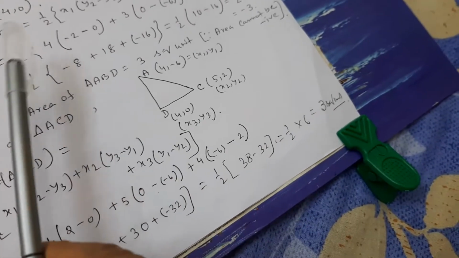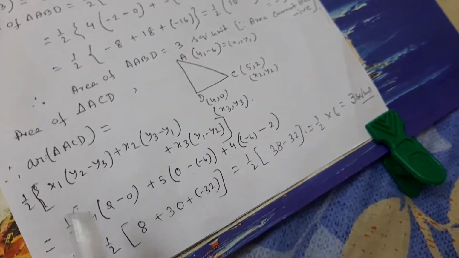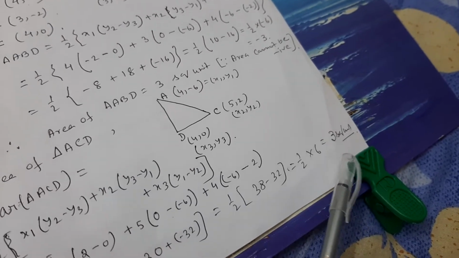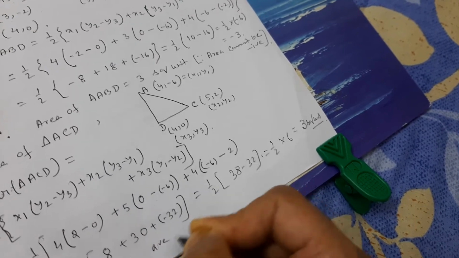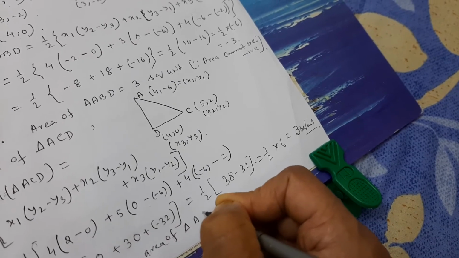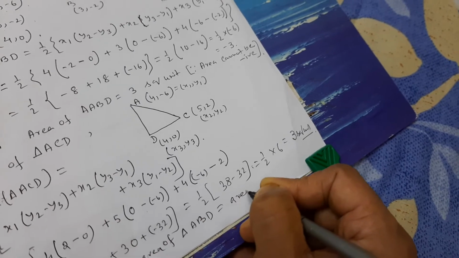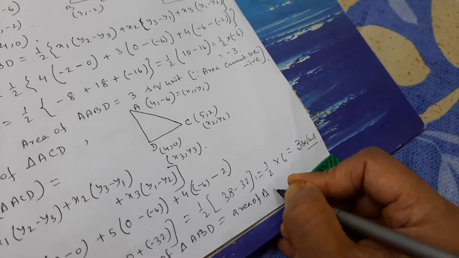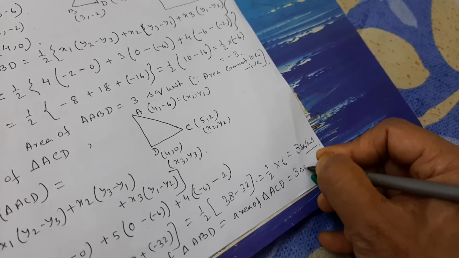So see, first triangle area of ABD equals 3 and area of ACD is also 3, so both the areas are the same. Therefore, area of triangle ABD equals area of triangle ACD equals 3 square unit.